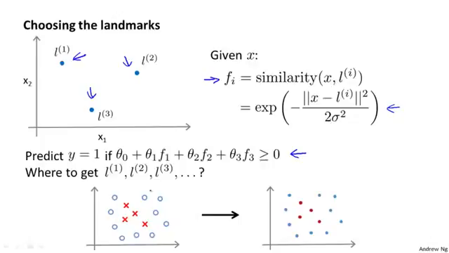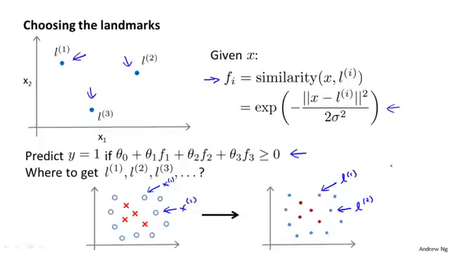So if I have one training example x1, I'm going to choose my first landmark to be at exactly the same location as my first training example. And if I have a different training example, x2, I'm going to set the second landmark to be the location of my second training example. On the figure on the right, I use red and blue dots just for illustration. The color of the dots on the figure on the right is not significant.